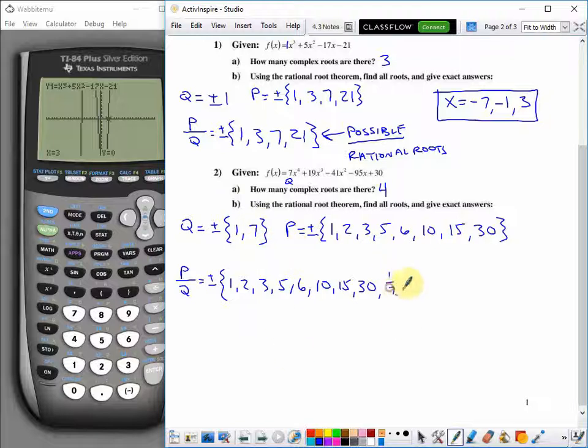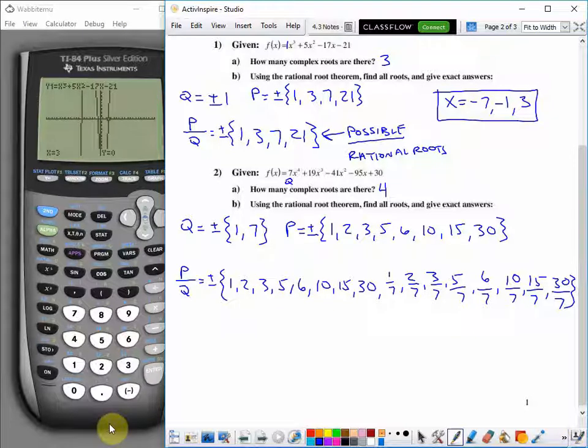So that's 1/7, 2/7, 3/7, 5/7, 6/7, 10/7, 15/7, and 30/7. So all of those, positive or negative versions, are possible rational roots.